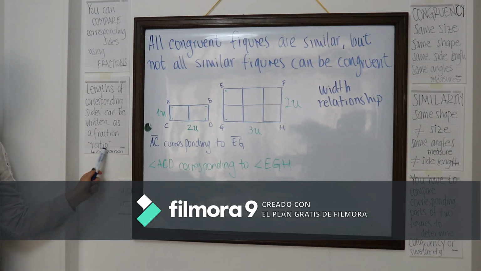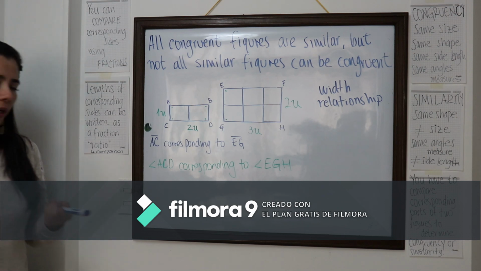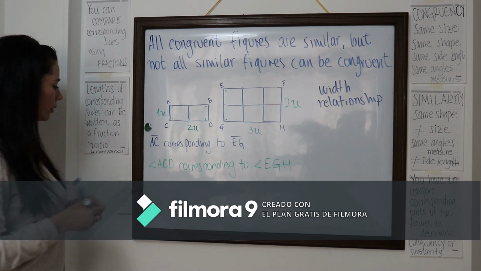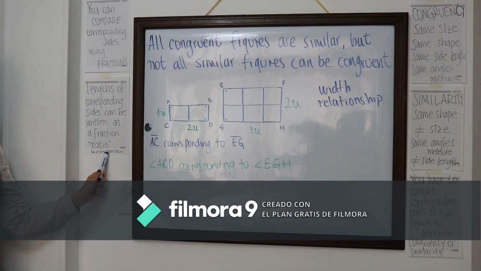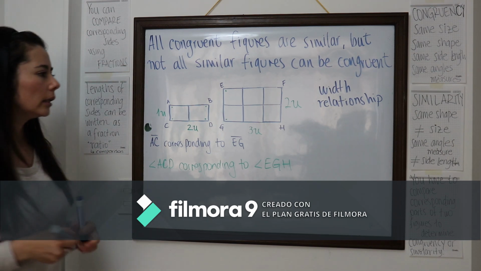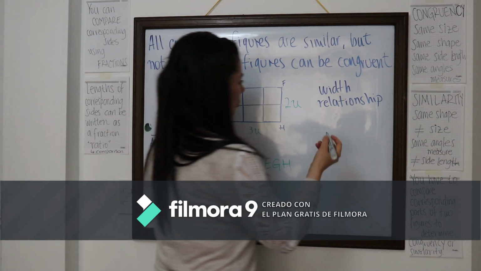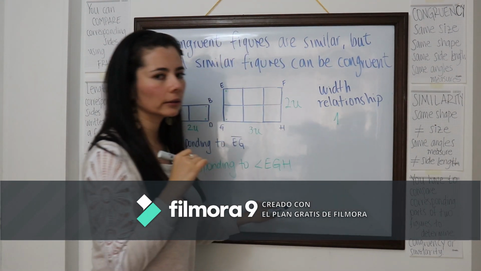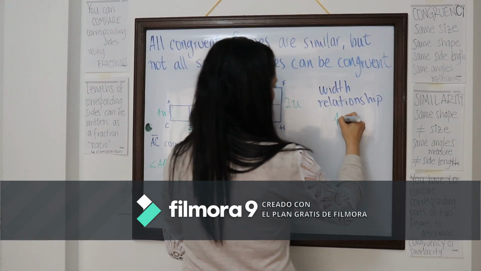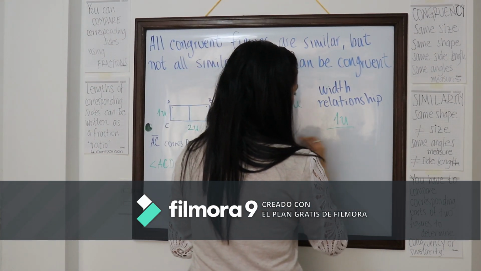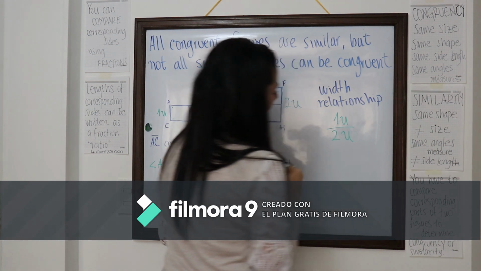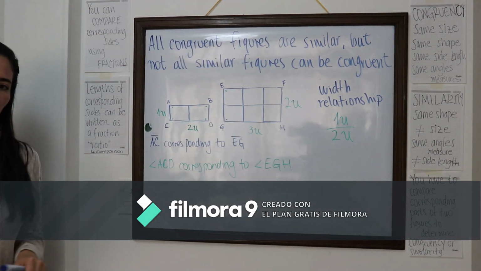So we are going to use a ratio word. Remember the ratio word we talked about a few weeks ago? And ratio doesn't mean anything different than just comparison. We're going to compare, and we're going to use a fraction to do so. So here, I'm going to take the 1 unit I have in the width for the smaller rectangle and compare it to the 2 units I have in the greater rectangle.